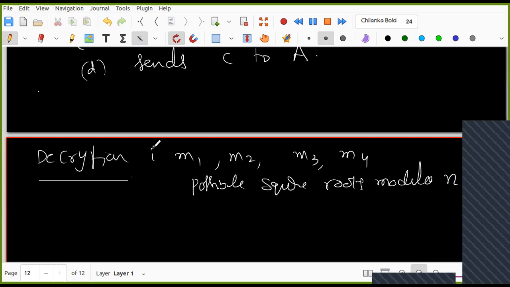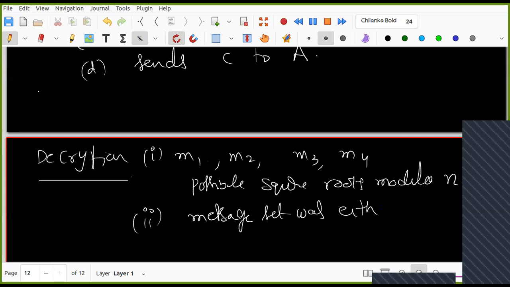This is number 1. Number 2 is that the message sent was either M1 or M2 or M3 or M4.